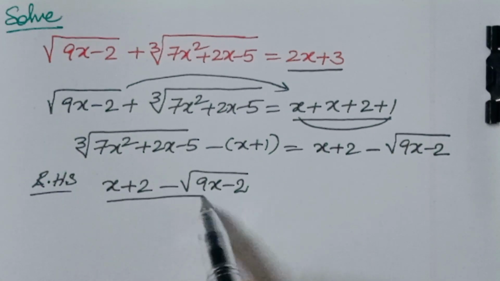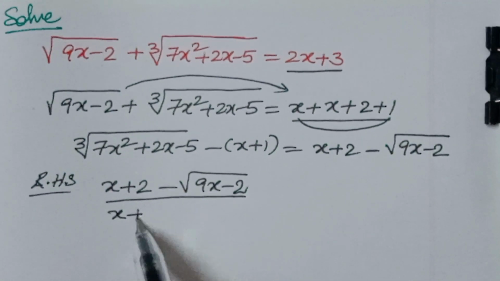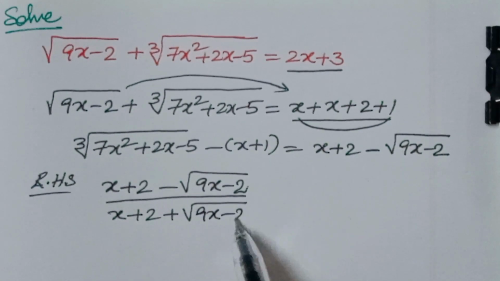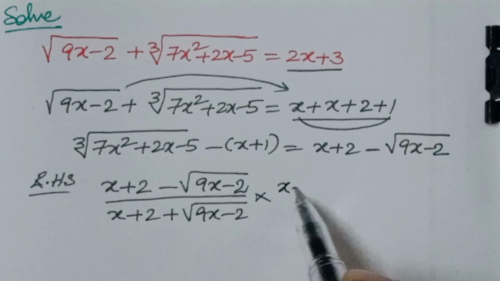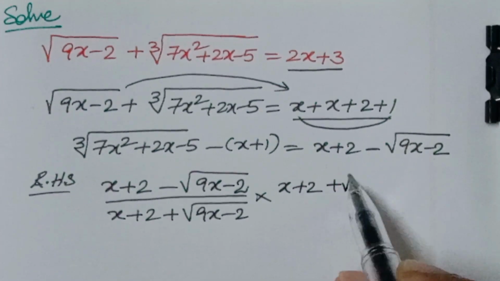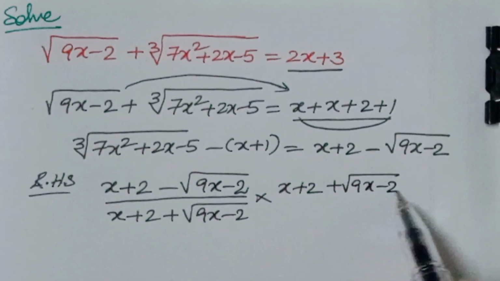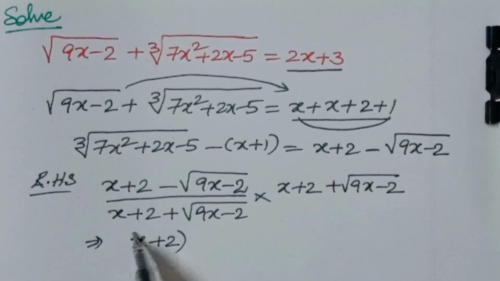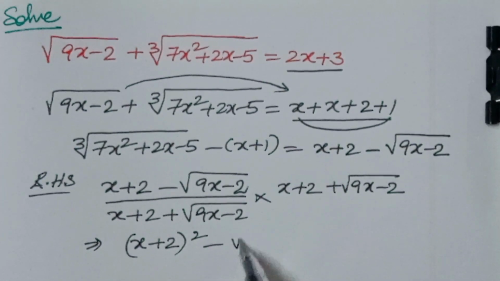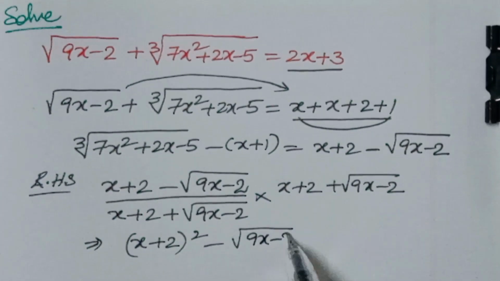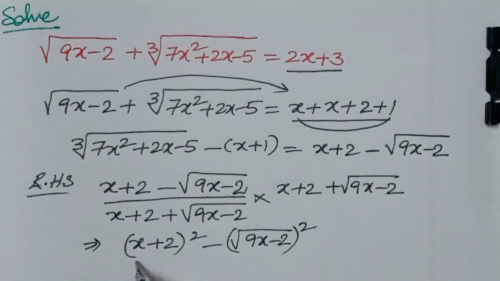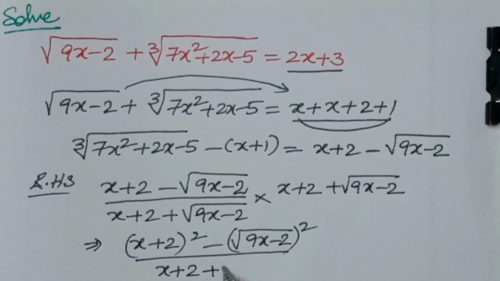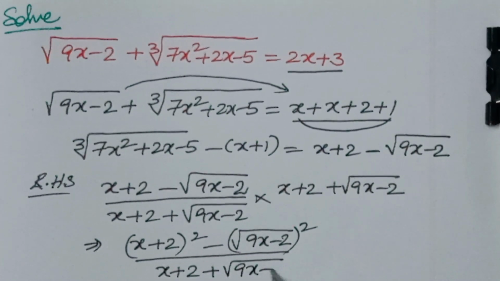So here I am going to rationalize it, multiplying by x plus 2 plus root of 9x minus 2 in numerator and denominator. Here you will get x plus 2 whole square minus root of 9x minus 2 whole square, divided by x plus 2 plus root of 9x minus 2.